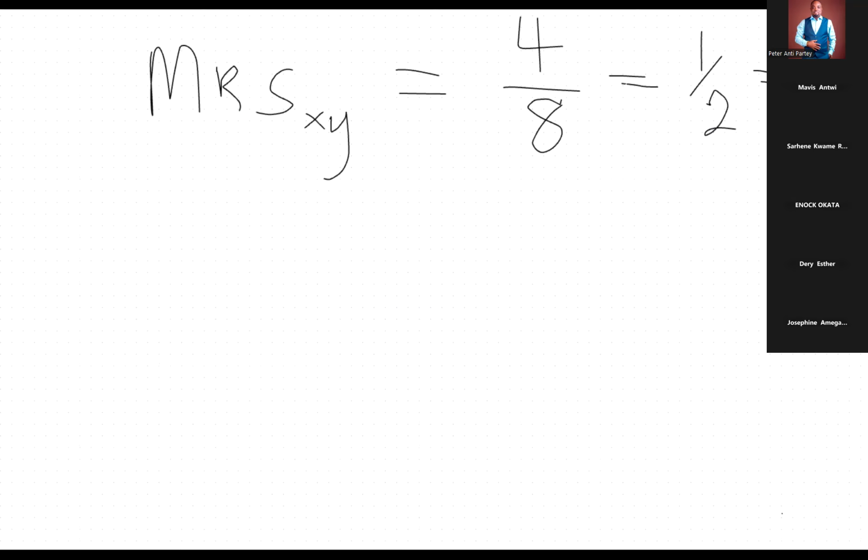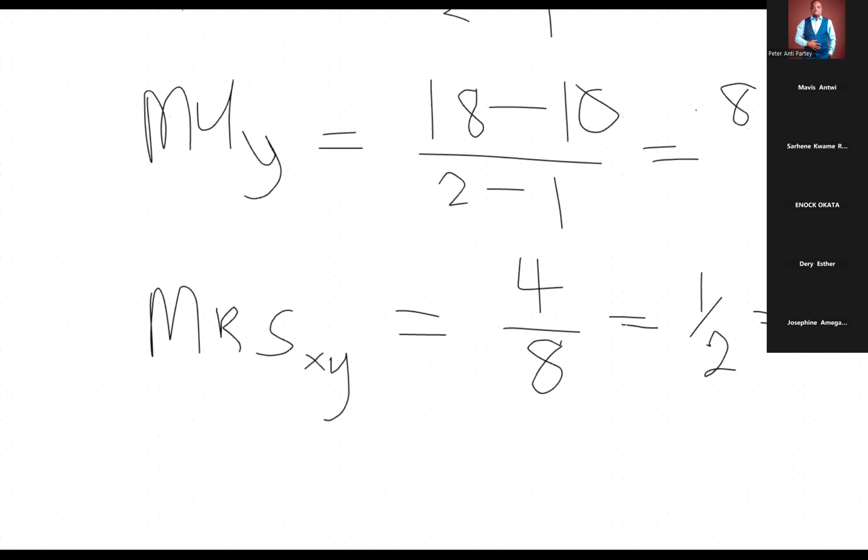I'm going to give you something to work on. I'll give you 5 minutes to do it, and then we will see. We have good X. We have quantity and total utility.